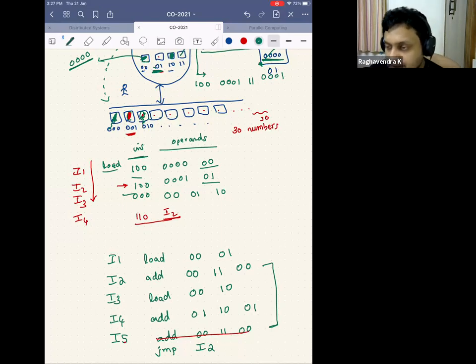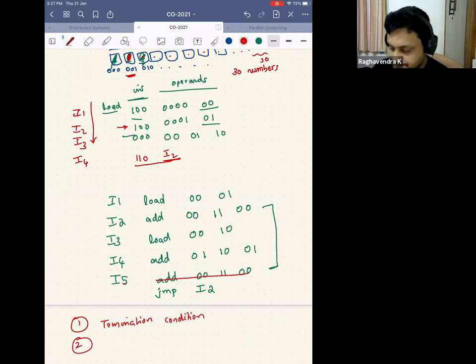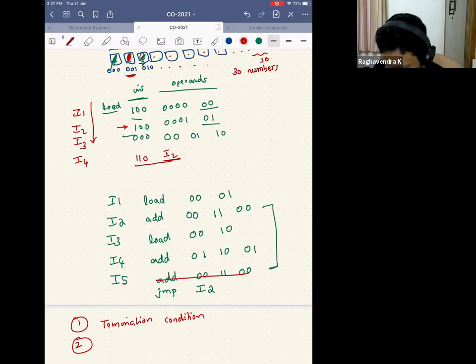Let's say the small box capacity is infinite. So that is the first problem: the termination condition. What is the second problem? How can we remember these I1 and I2s? Yes, excellent. How can I remember?